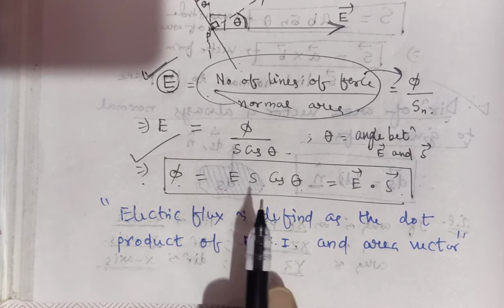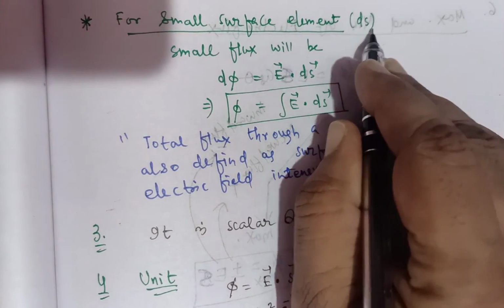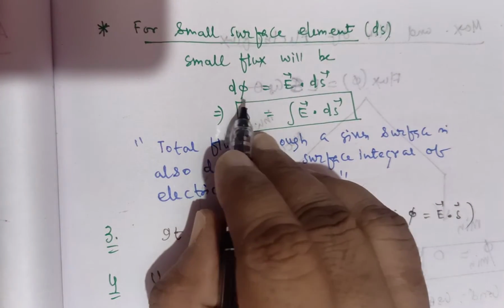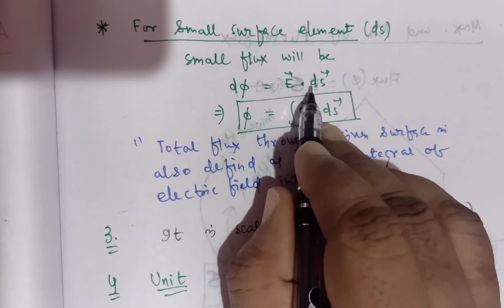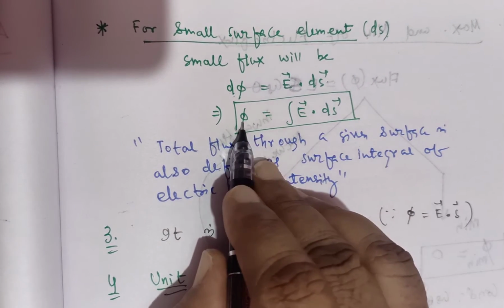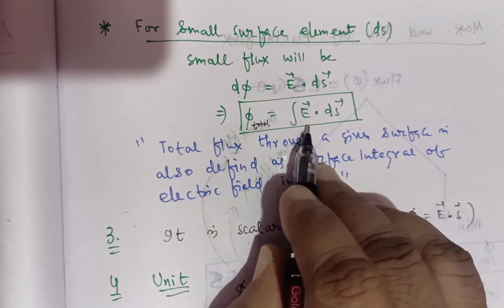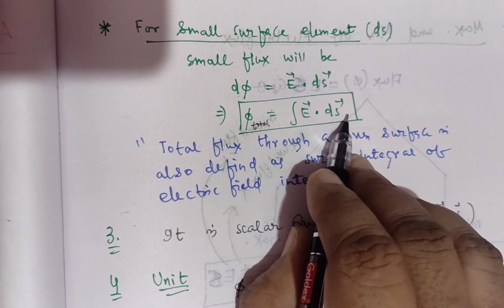Now we will extend this formula in another way. You just see, for a small surface element ds is given, then small amount of flux will be E vector dot ds vector. If you will integrate both the sides, so total flux is integration of E vector dot ds vector.